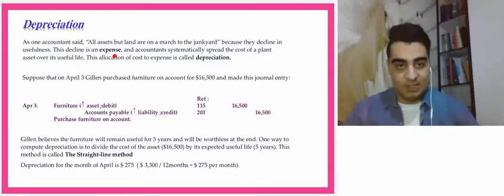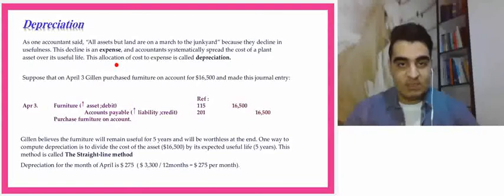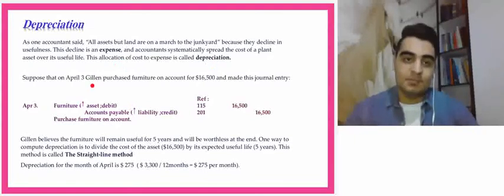We call this decline an expense. And accountants spread the cost of the plant asset over its useful life. So in other words, we have some cost for a plant asset. If we divide it, we spread it over its useful life. This allocation of cost is called depreciation.